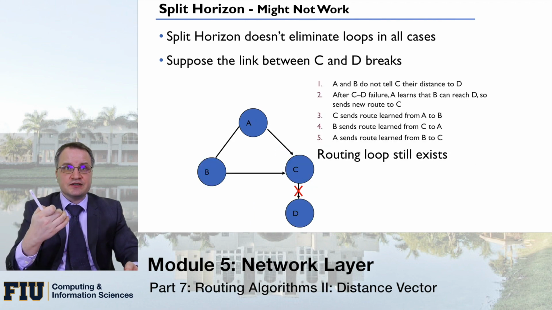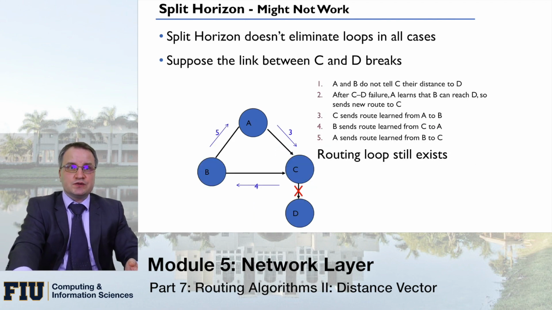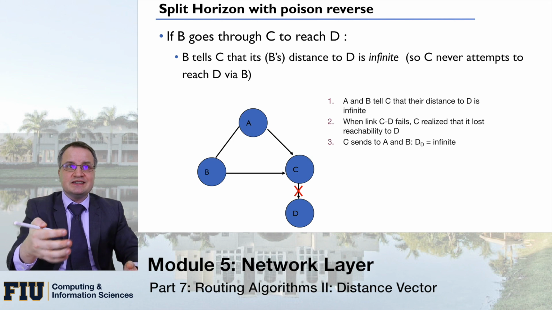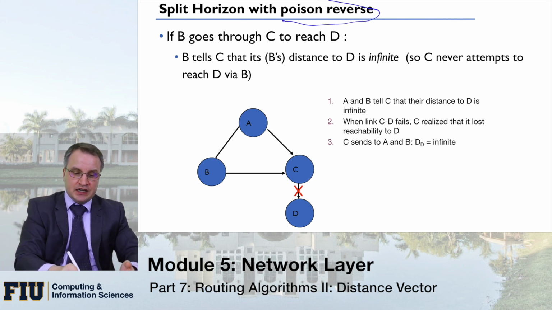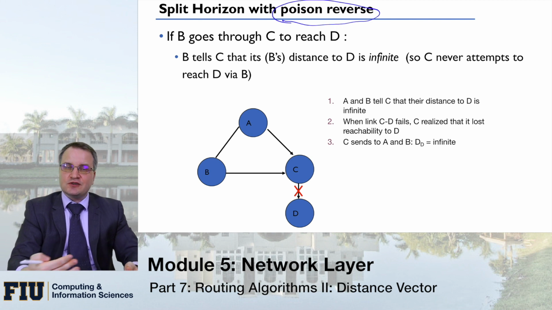So there's actually an additional solution that was added to the process. It's the so-called poison reverse. So instead of just no longer telling information, you explicitly tell that, oh, now I'm broken. Like the link that I was advertising to you with a cost of X is now nothing.